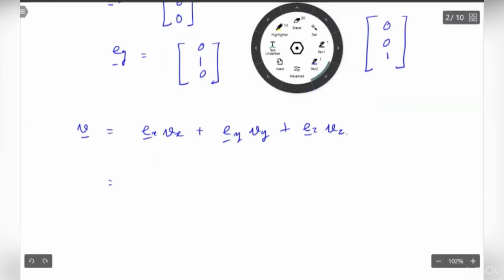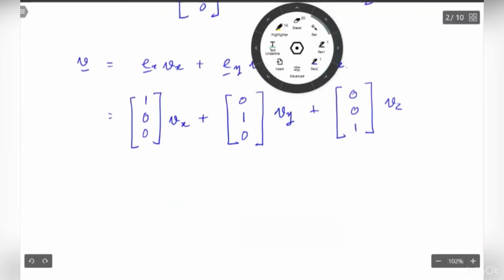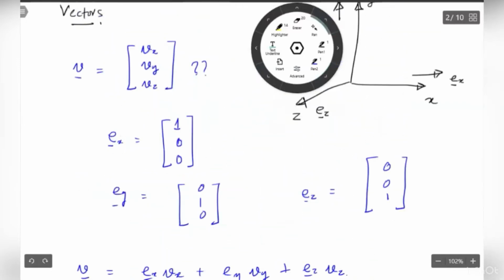We can write this as 1, 0, 0 multiplied by vx plus 0, 1, 0 multiplied by vy plus 0, 0, 1 multiplied by vz, which is also equal to vx, vy and vz. That's what I have written before.